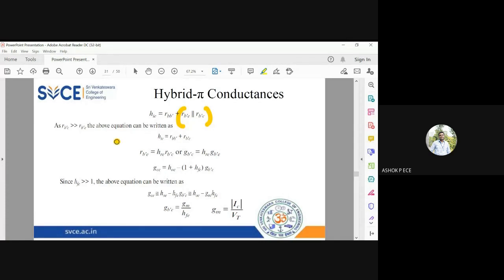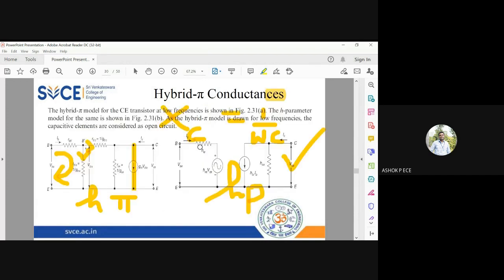So your simplified hie becomes just a series combination. See the diagram, this resistance is very big, open, so I can ignore it. After ignoring it, whatever current flows through RBB' will flow through RB'E, so I can say these two are in series. That is what is given here.